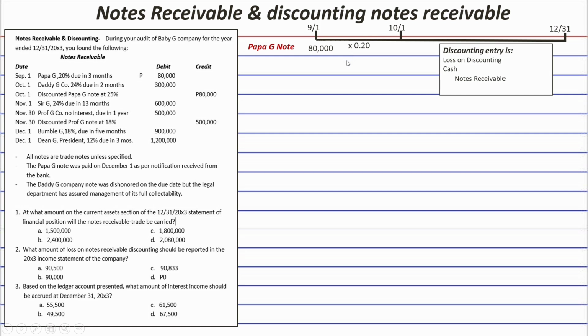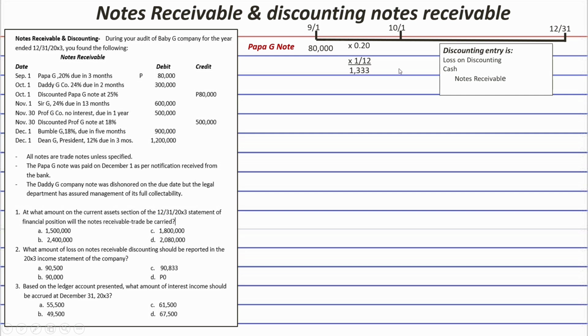However, this 20% is considered an annual rate. So the answer should still be multiplied by 1 month over 12 months. And if you do that, you will get 1,333. Now, when Baby G sold this note of Papa G, not only the note receivable was given up to the buyer, but also BBG's interest receivable for 1 month. Okay?